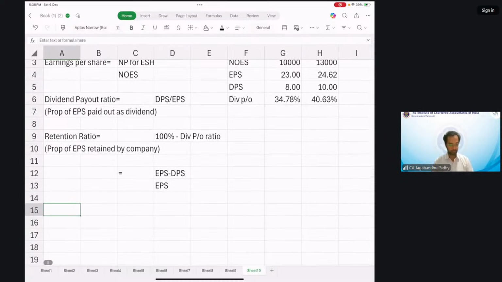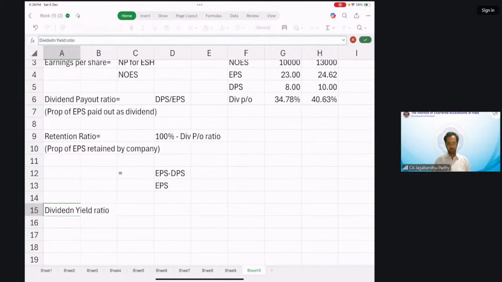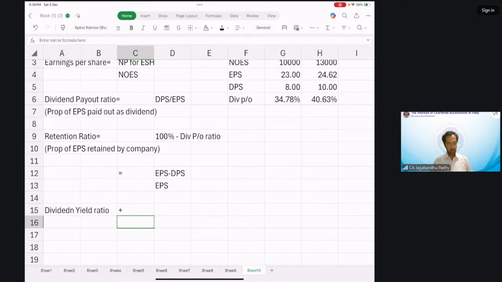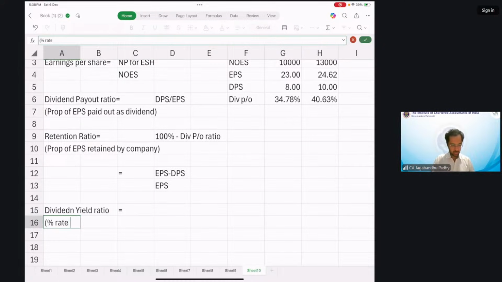Now, we are looking at dividend yield ratio. Dividend yield ratio is the percentage rate of return as dividend.